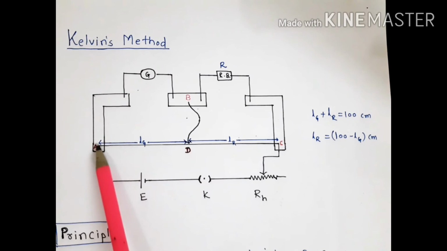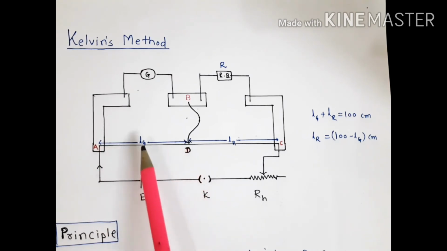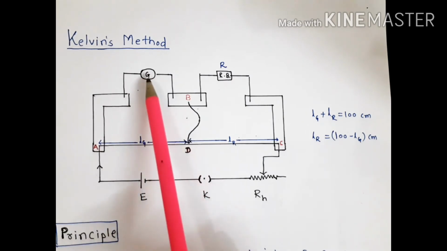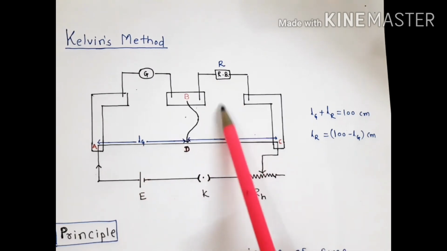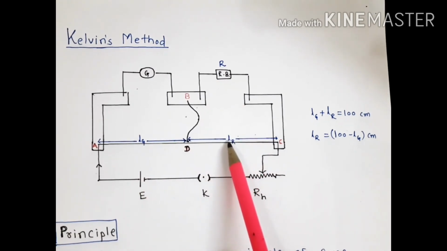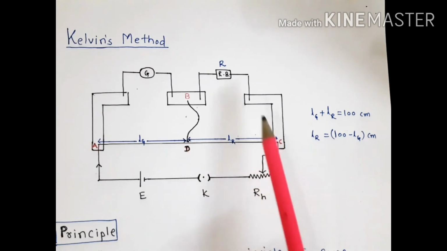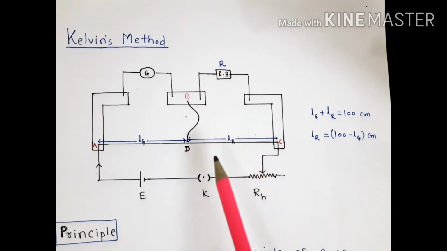Then you measure the distance between points A and D. It is denoted by LG because it is the distance opposite to the galvanometer. Here LR is the distance between point D and point C, opposite to the resistance box.